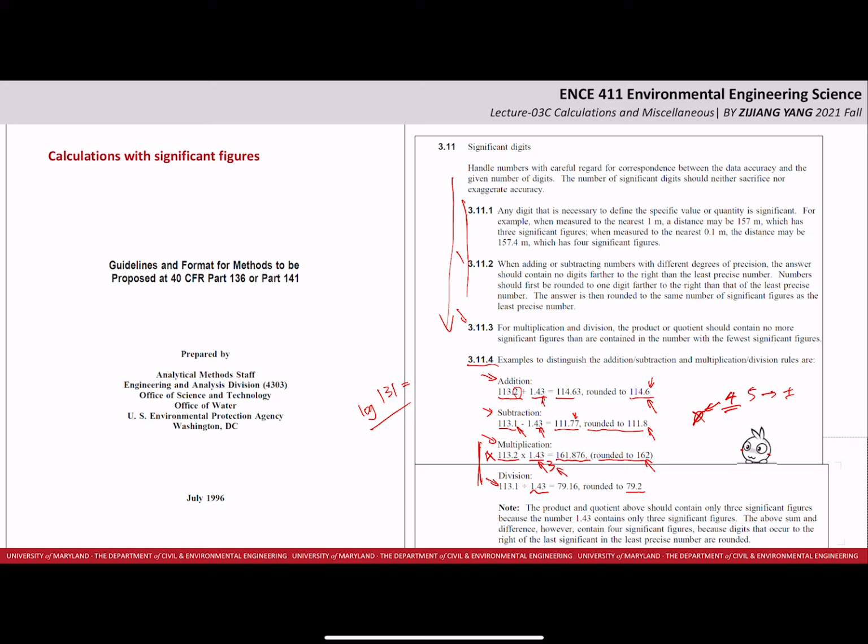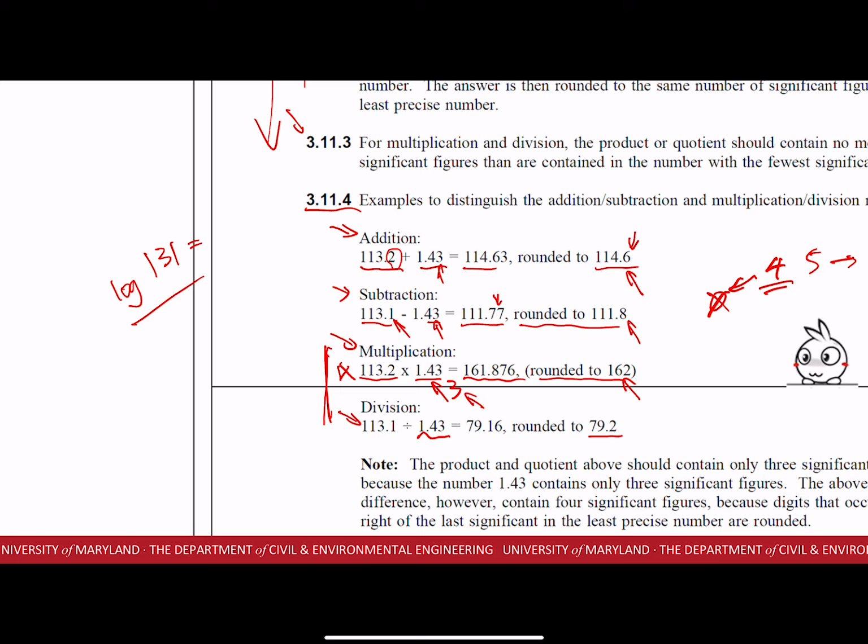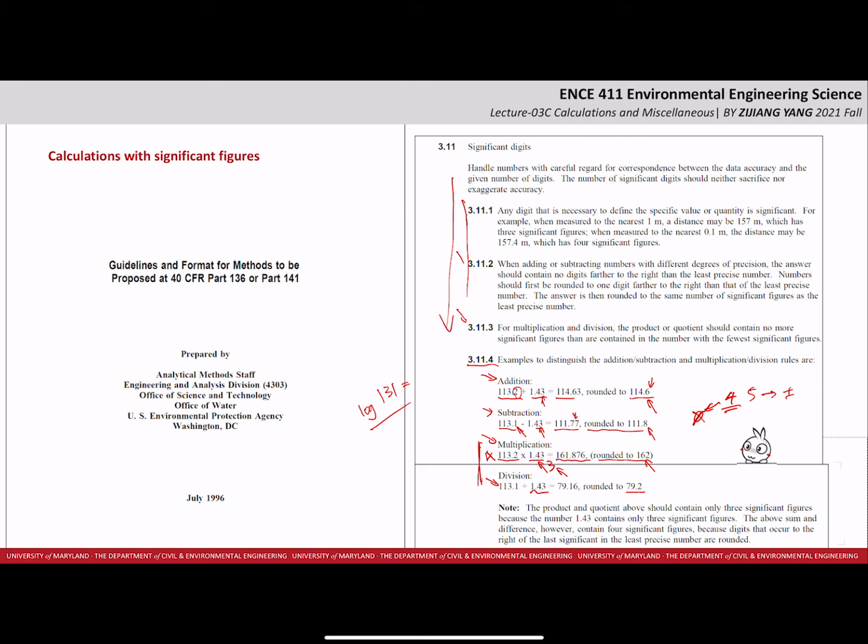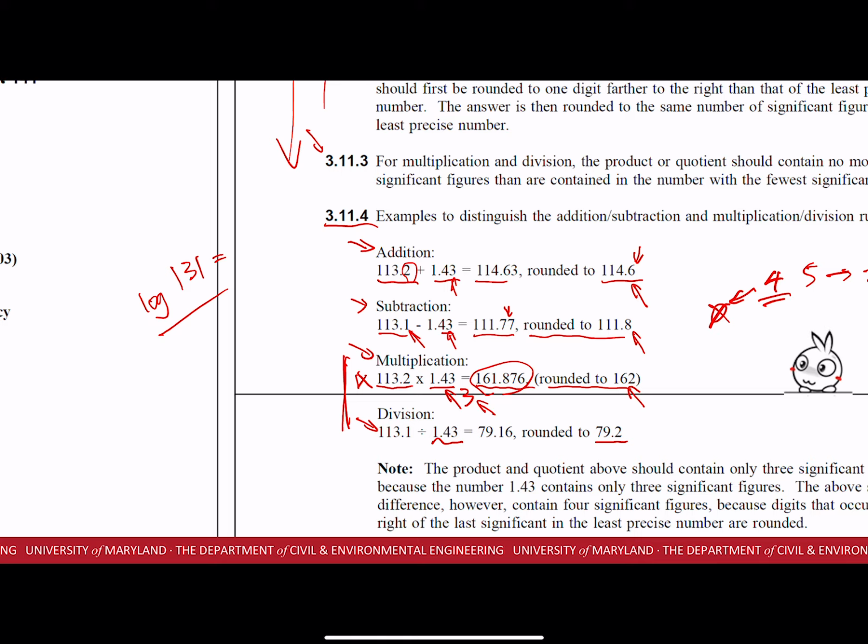Yes? If we're doing a multi-step problem, should we continuously round after each step, or keep the long number and then at the very end just round it? Oh yeah, this is a good question. In the calculation, we will keep many decimal points during the process, because rounding will generate errors.